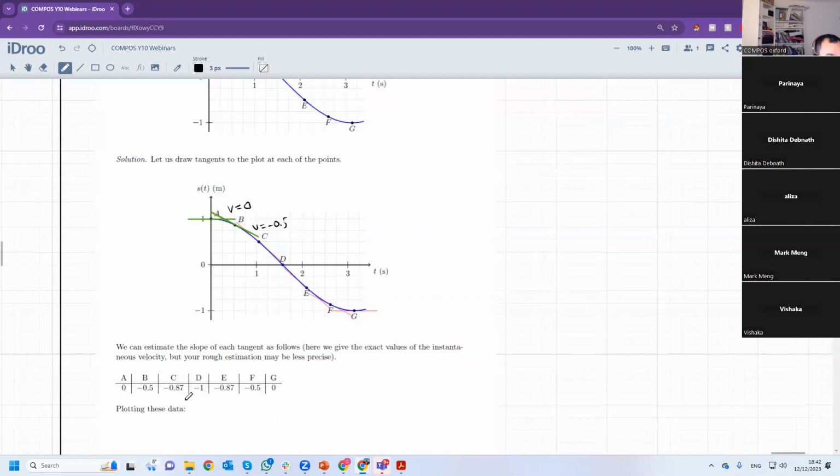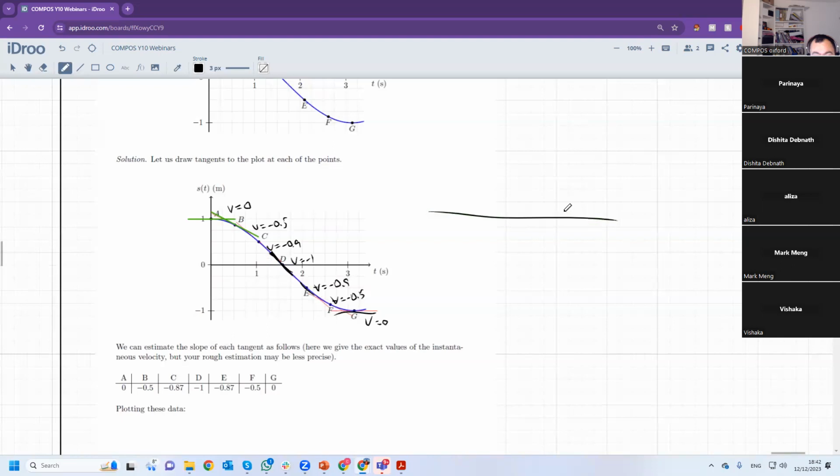At C, the tangent is minus 0.9, roughly. At D, the gradient is minus 1. Then again, V is minus 0.9, then V is minus 0.5, and here again, V is 0.